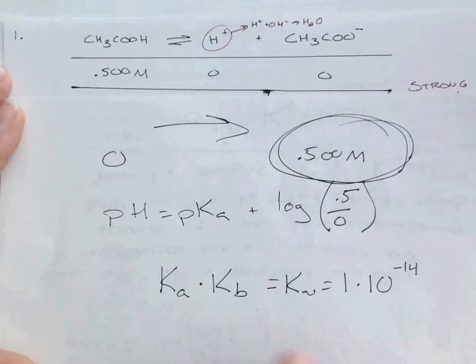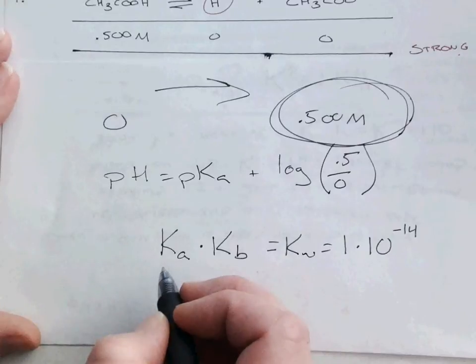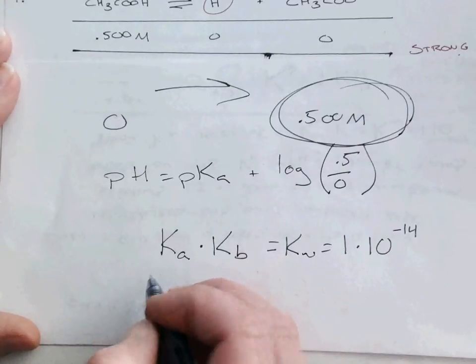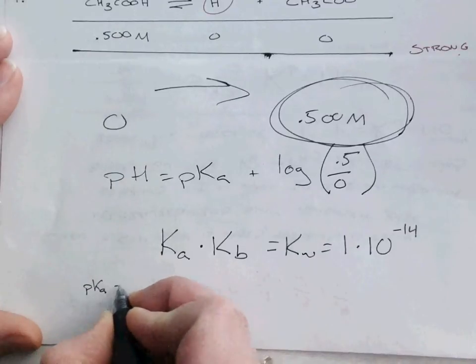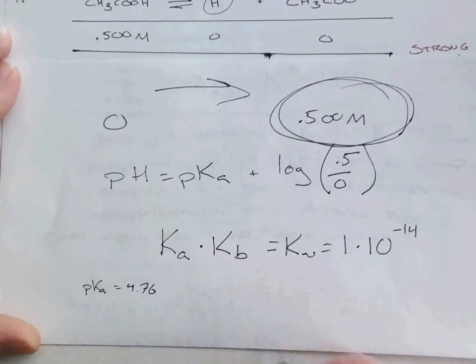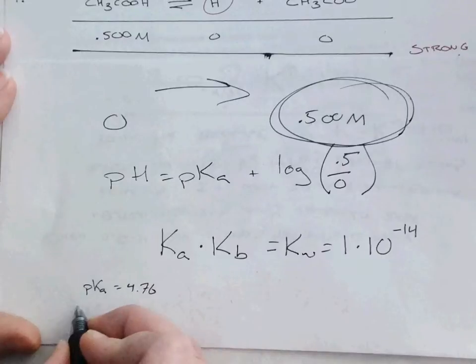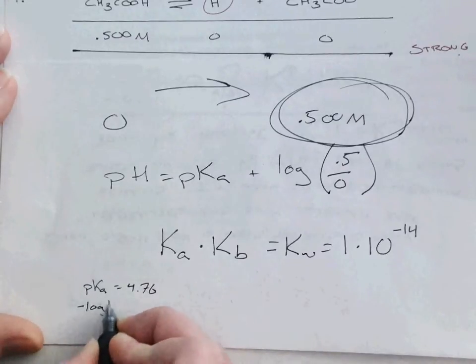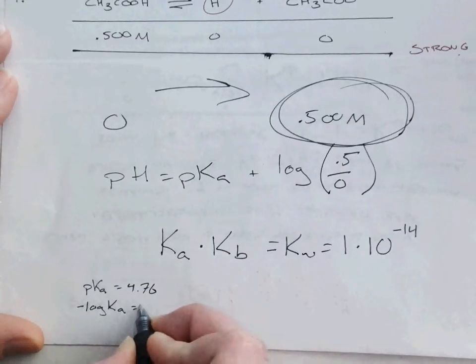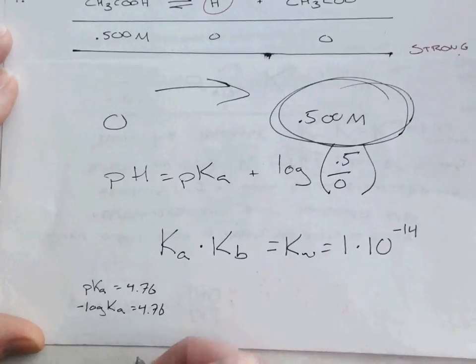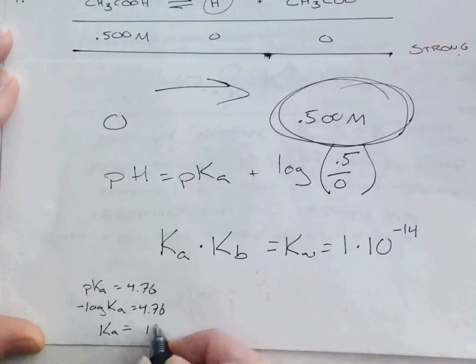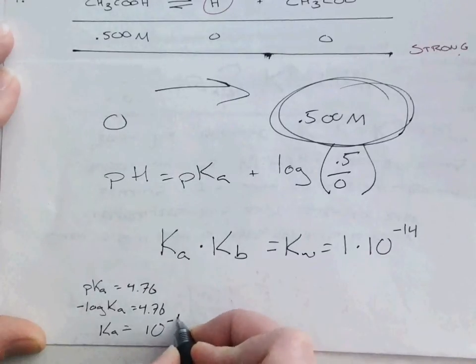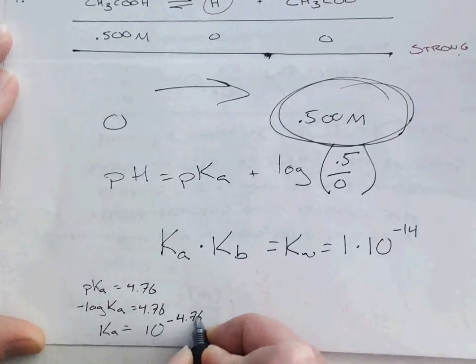Okay, now, I didn't know the Ka, I knew the pKa. Let's see, the pKa was 4.76. pKa is negative log of the Ka. So of course, the Ka equals 10 to the negative 4.76.